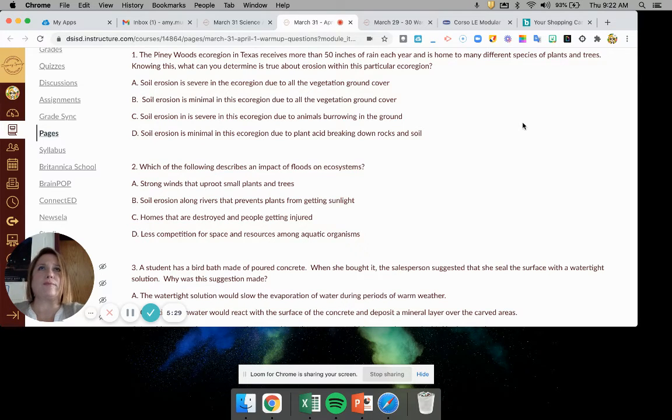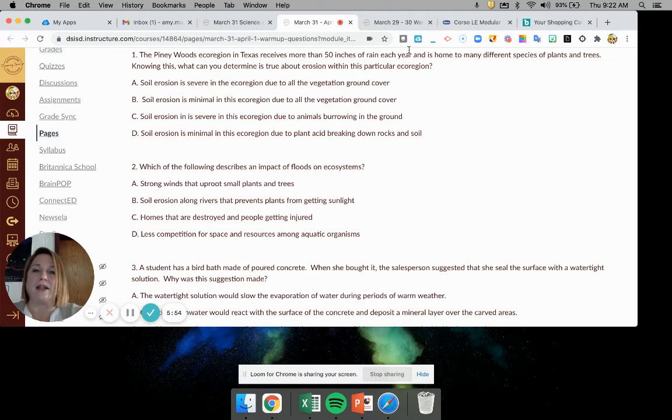And you'll remember back from succession that secondary succession, which is what happens when soil is left, the pioneer species is grass. And part of the reason for that is grass holds the soil in place. So the key points from this question are that the piney woods have lots of plants and trees.